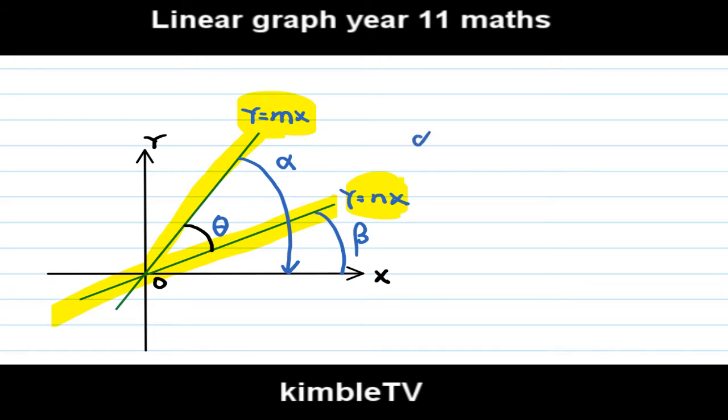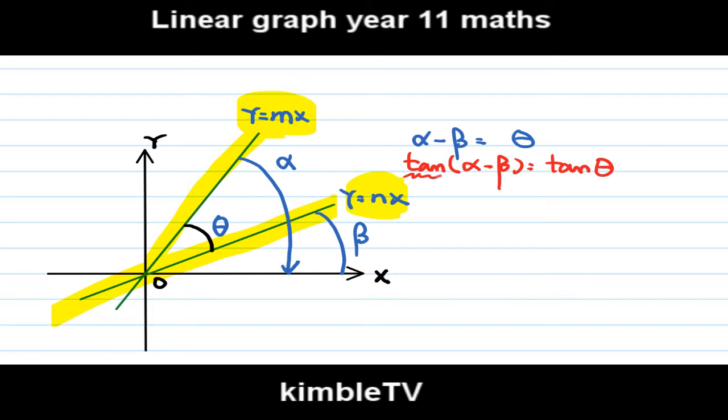So alpha minus beta equals theta, and take tan of both sides: tan of alpha minus beta equals tan theta.